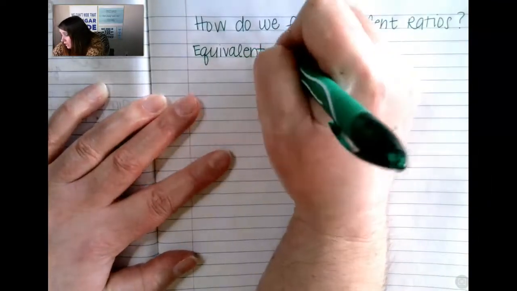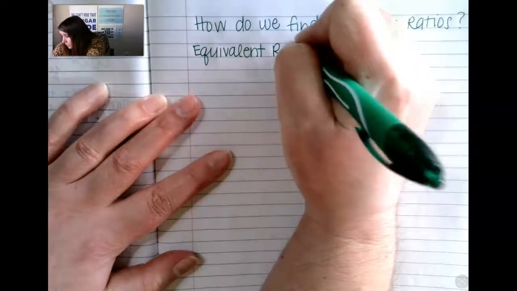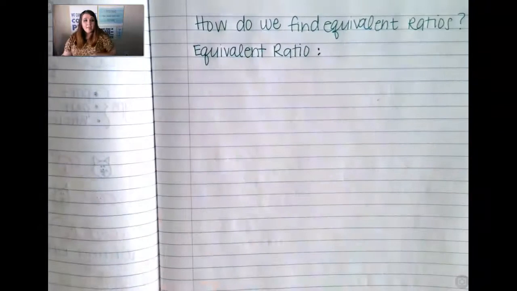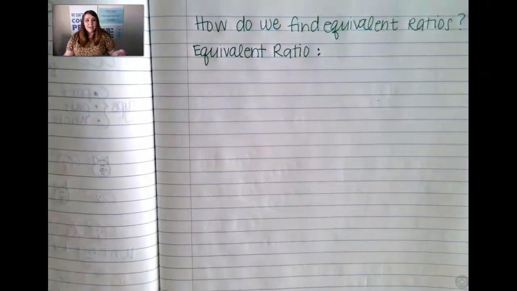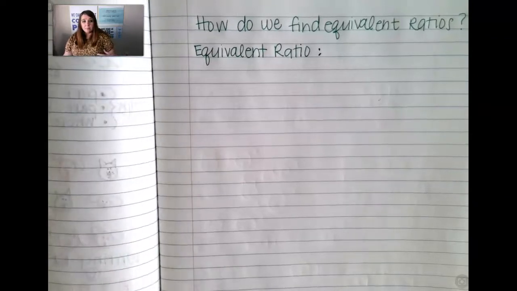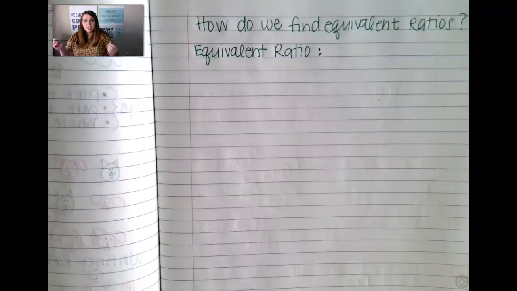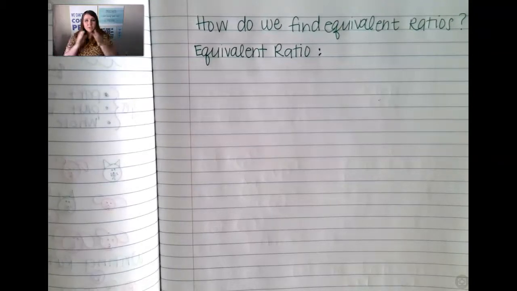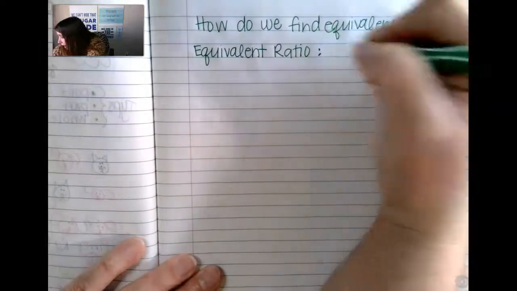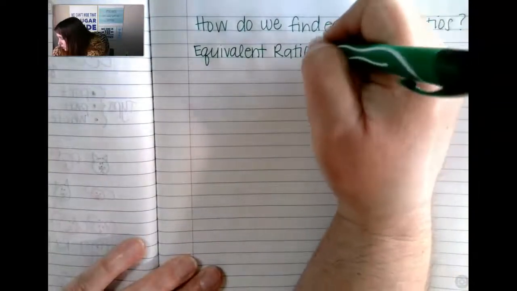If it's an equivalent ratio, it's a ratio that is the same as another ratio or has the same relationship. So it's comparing two ratios and saying that they're equal to each other. So two ratios that describe the same relationship.